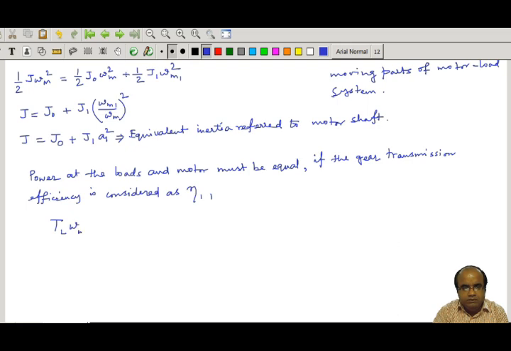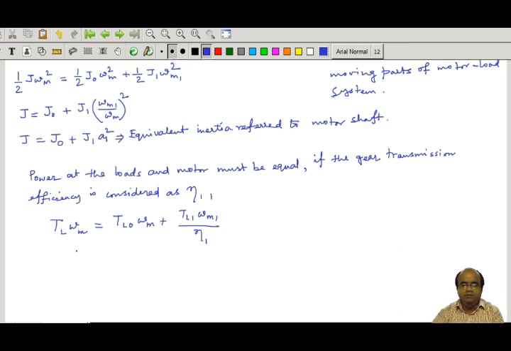motor shaft, motor is running at the speed omega m, will be TL0 omega m plus TL1 omega m1 whole divided by eta 1. Okay.